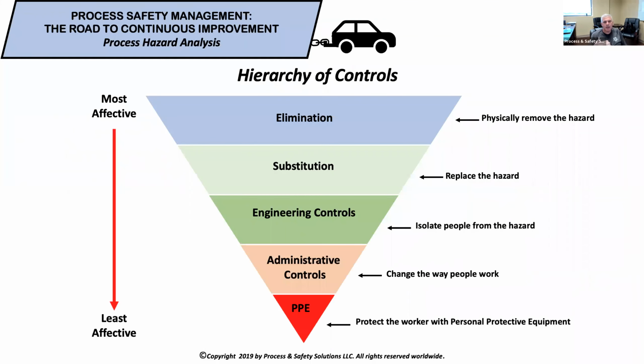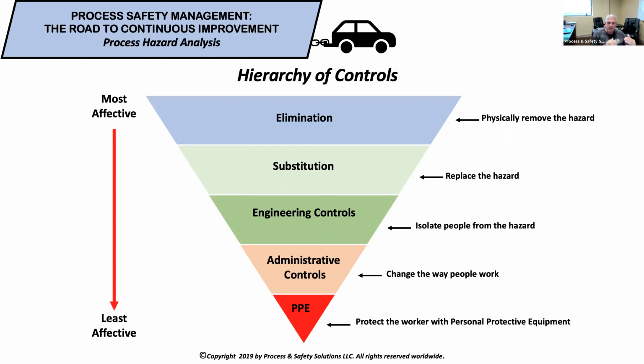As we said a second ago, all recommendation action items and safeguards, and when we apply them, should follow hierarchical controls. And first thing we ought to do, if we're following the hierarchical controls methodology, is look for ways to eliminate the risk. If we can't eliminate it, perhaps substitute or replace the hazard with something less hazardous.